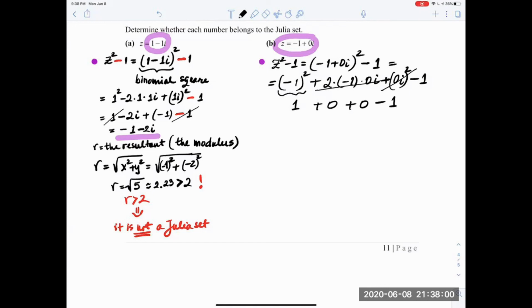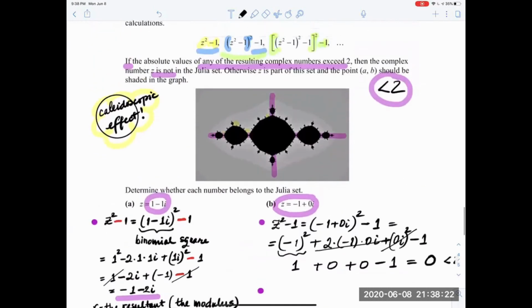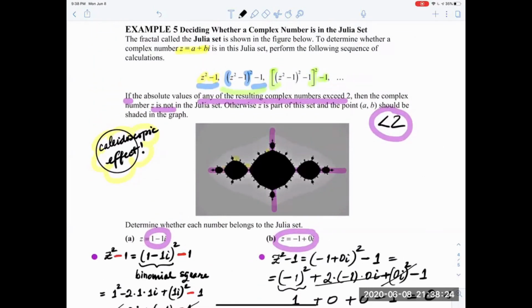All right. So what am I getting here? I'm getting a 0. Well, that is less than 2. Even if I start writing it in CIS format, it's still less than 2. That means I can continue. So now I'm going to take my new z that I got and do that one. So z squared minus 1, which is the original one, all squared minus 1.